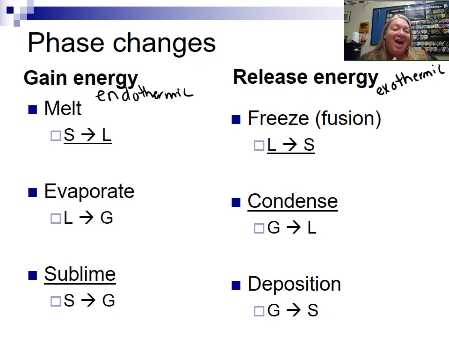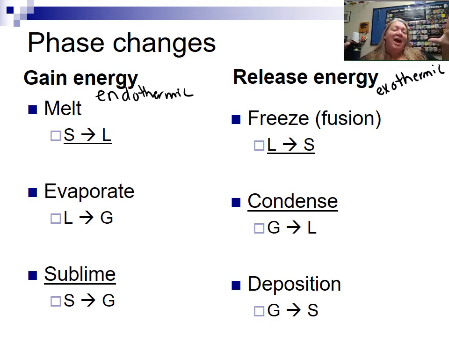We have to add heat to make that happen. What will happen is that the little molecules, they're liquid, flowing past one another. We're going to give them enough energy that they can completely separate from one another and enter into the gas state. They have a certain threshold of energy that they have to have.